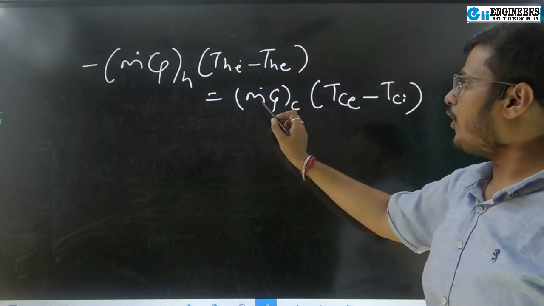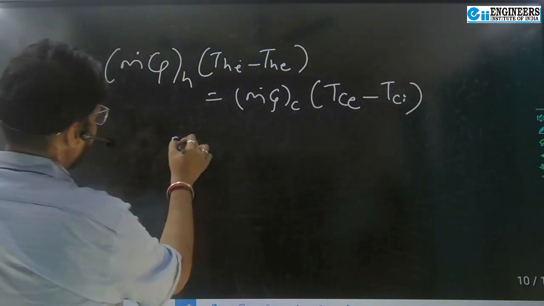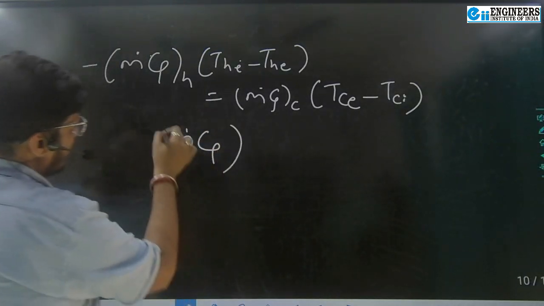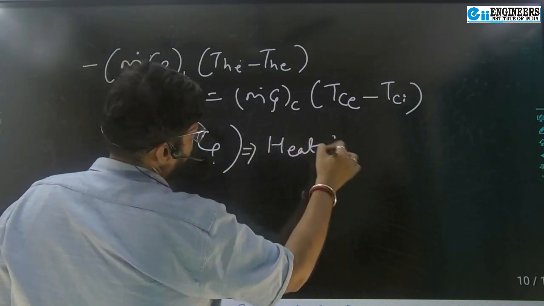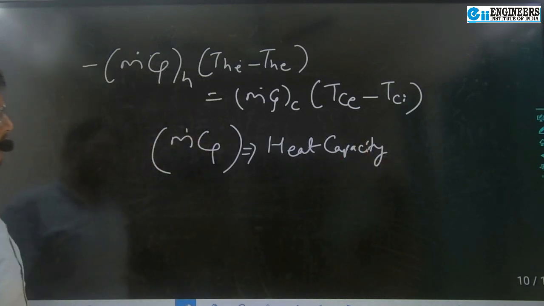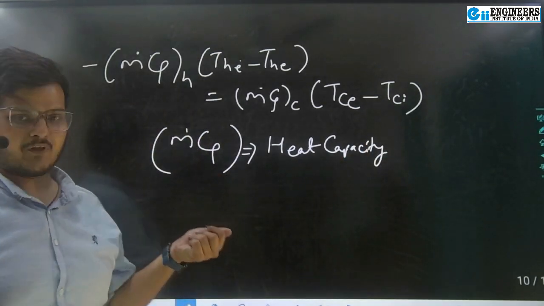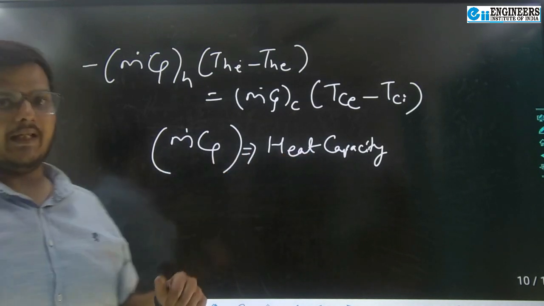Here the product of m dot and Cp, the mass flow rate and specific heat of a system, is called heat capacity. It has a very practical relevance, which we will subsequently be studying. So m dot Cp is called heat capacity.